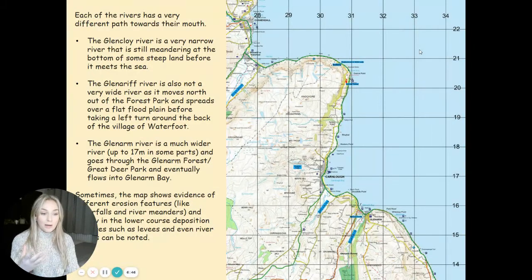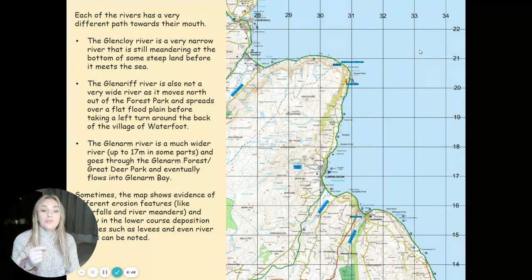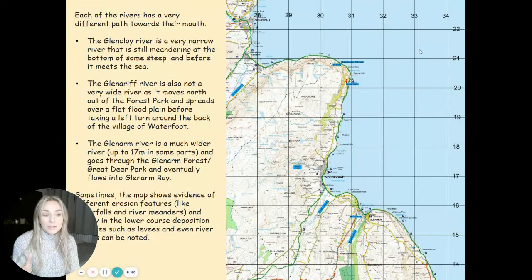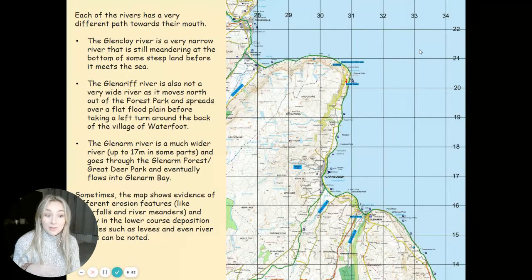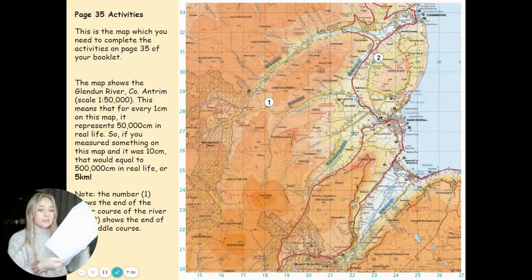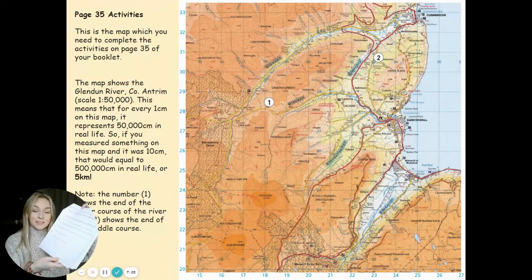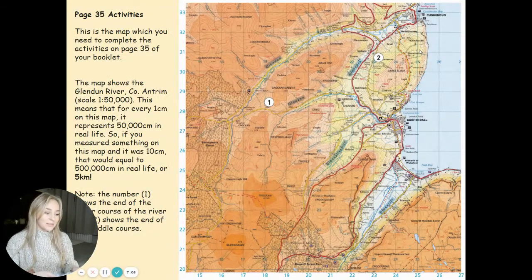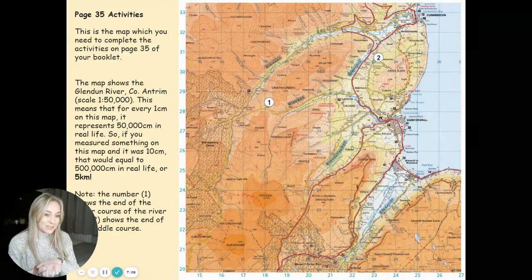Whenever you open up your exam, there's a map in it, and you use that map to answer a particular set of questions, probably within the rivers part of the exam, and it'll say, use your map insert to answer the following questions. And these ones on page 35 are exactly the types of questions that you will be asked in the exam. So let's crack on with this then.